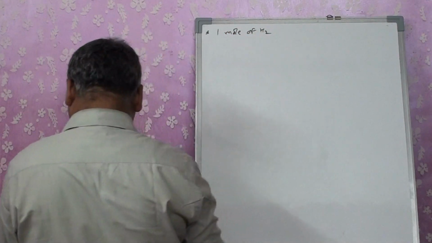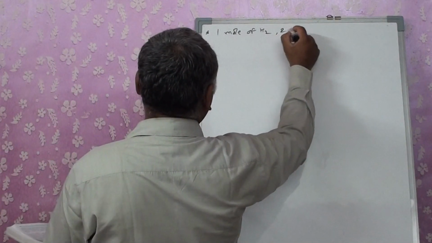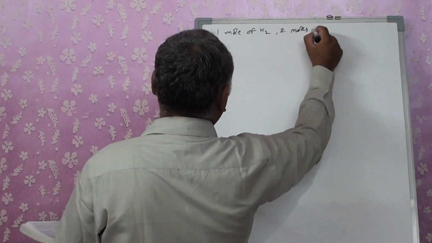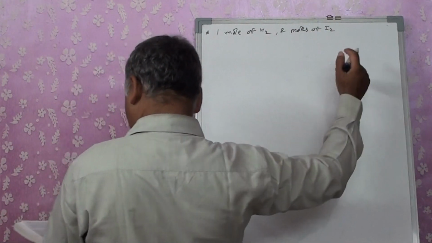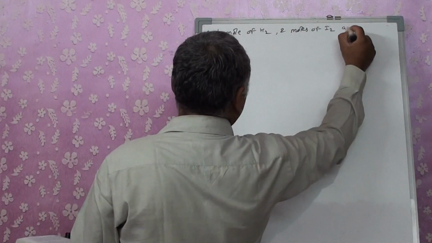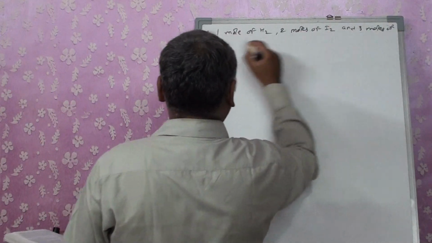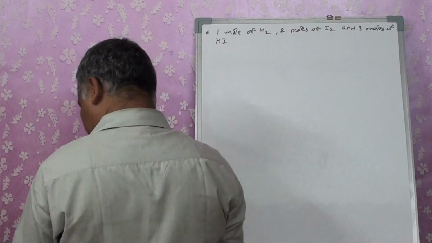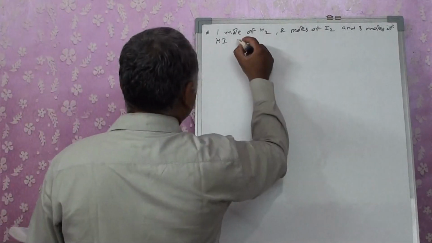One mole of H2, 2 moles of I2, and 3 moles of HI are injected in a 1 liter flask.